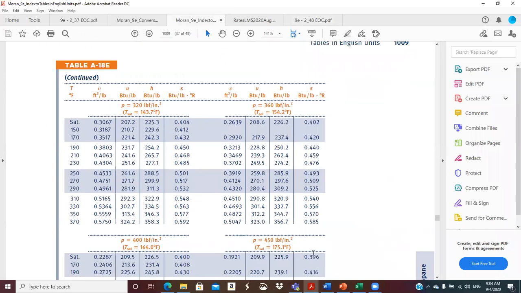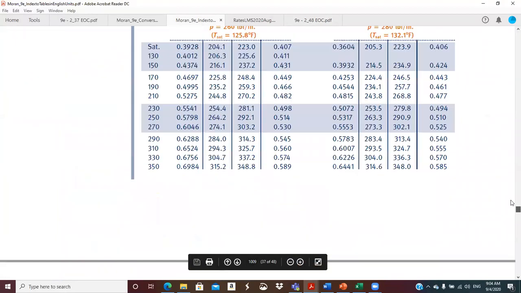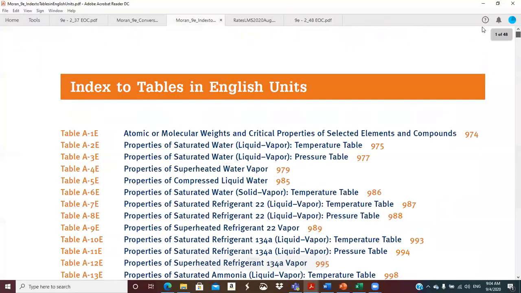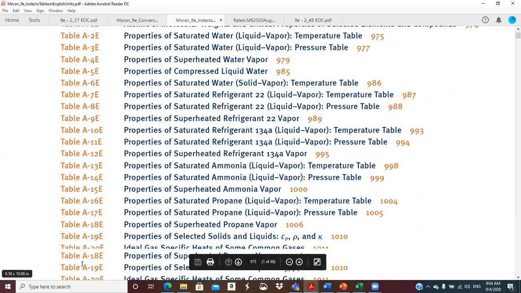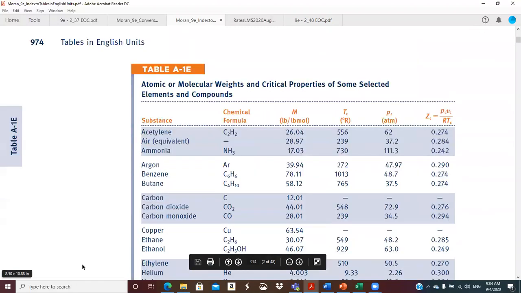This is the English unit version. I'll pull up the SI as well, and I will email these out to you. You want to have both of these. They're in your book; all thermal books have these tables, so you probably already have a copy.